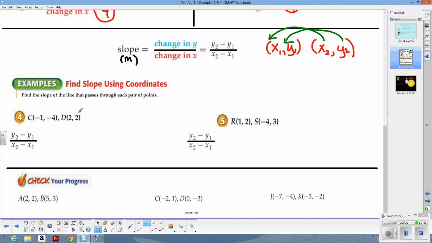So I'm going to go like this and do y2 minus y1. In other words, I always just start at the back end. 2 minus -4 over 2 minus -1.